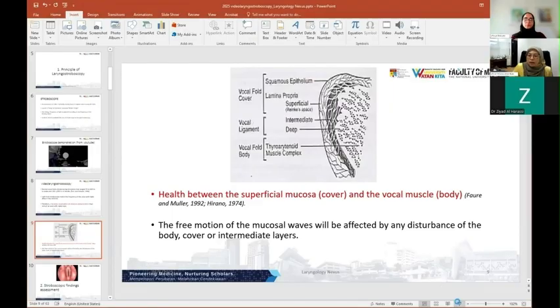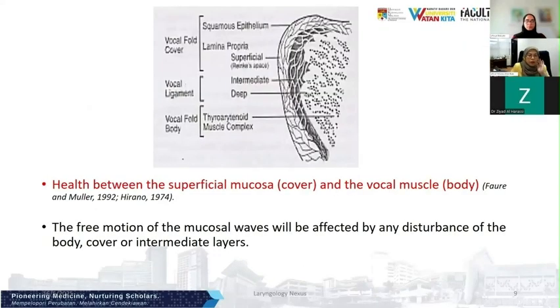So now, stroboscopy is important for us to examine the health between the superficial mucosa, which is the cover, the epithelium over here, if you can follow the cursor of my mouse, and then the body over here, right? So people ask, why is it important for you to examine the vibration?